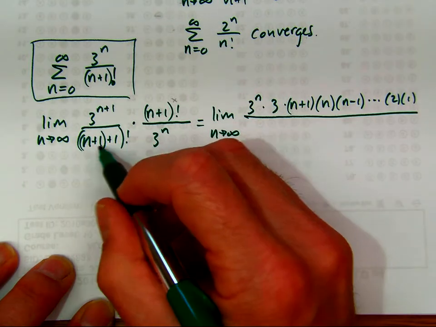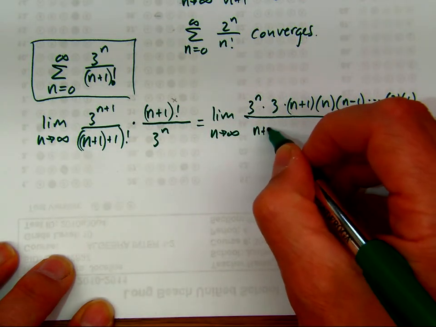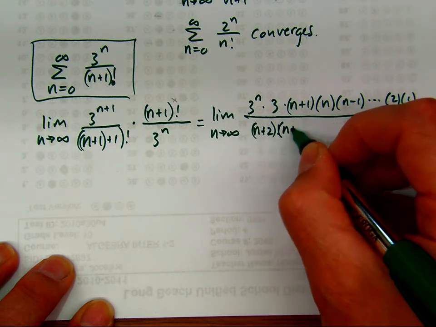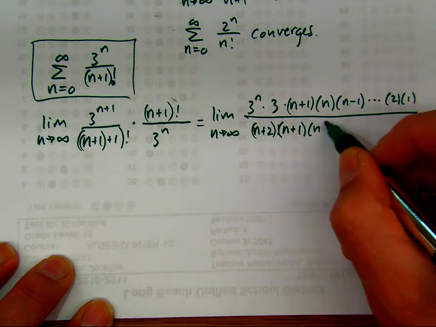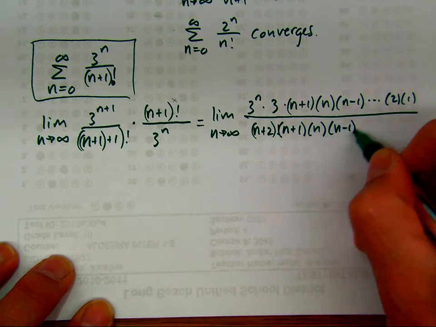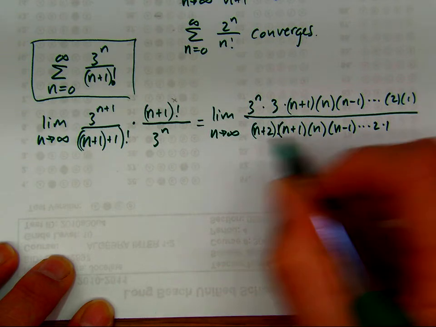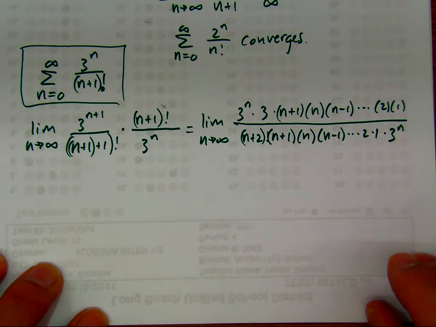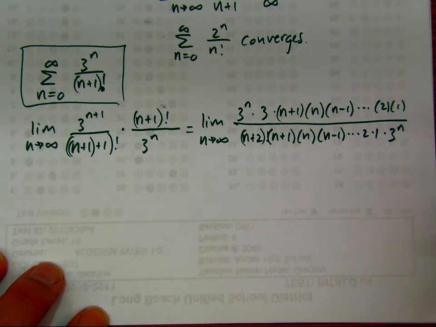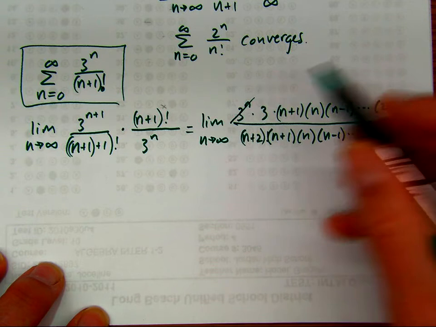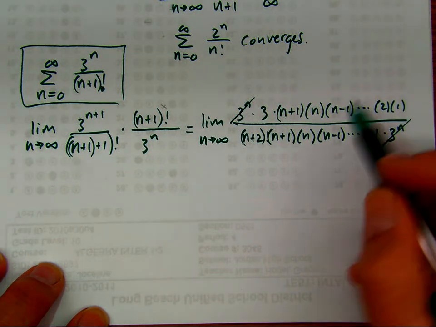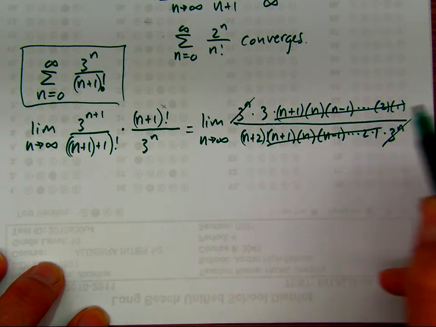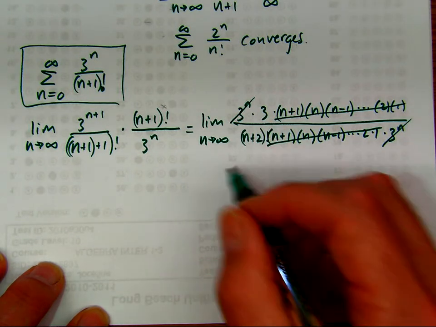Here we have n plus 2 times n plus 1 times n minus 1, all the way down, and then a 3 to the n. So we have 3 to the n canceling 3 to the n. N plus 1 factorial, n plus 1 factorial, and we're left with 3 over n plus 2.